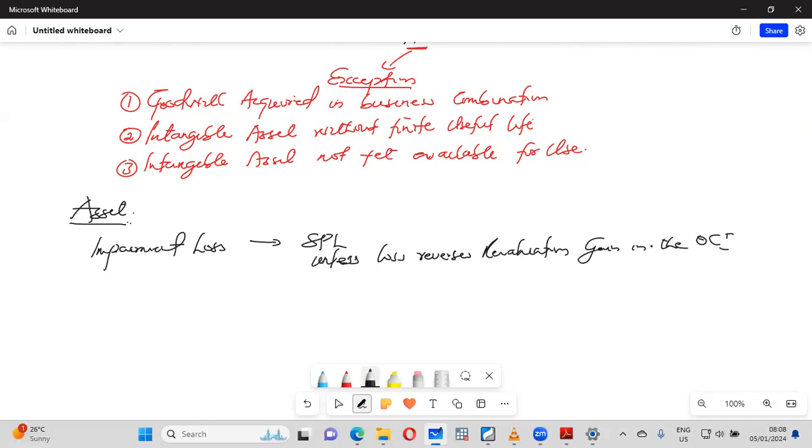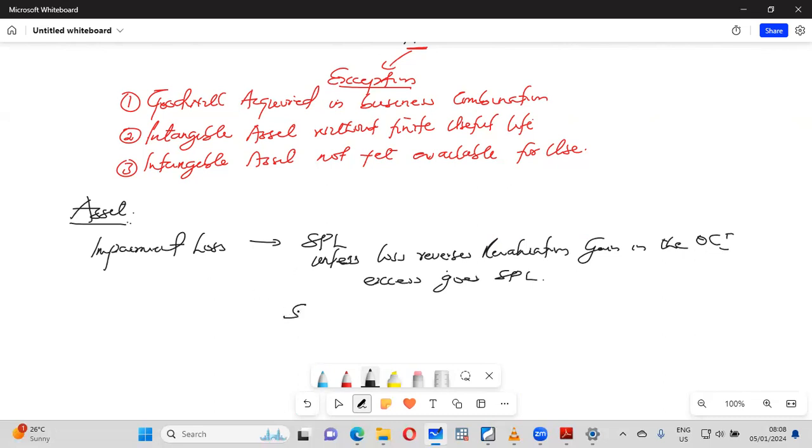So take note of that. In such a case, the OCI surplus will be reduced by it, and any excess will go to the SPL. So basically that is that.